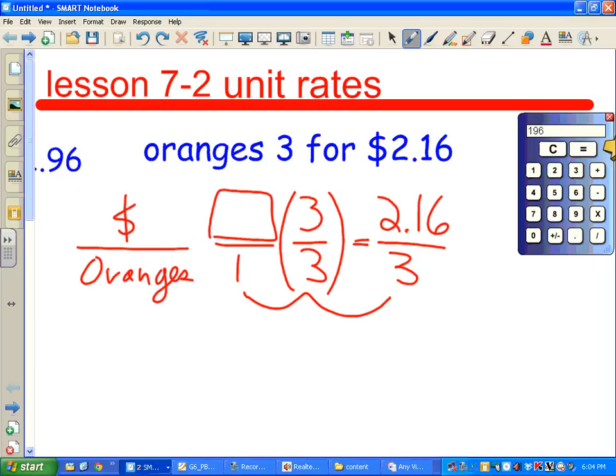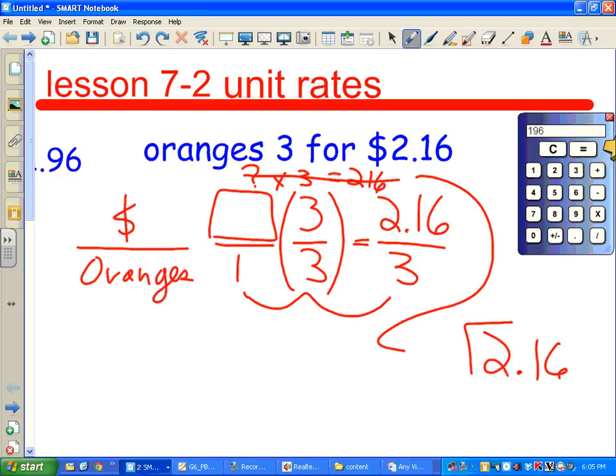Now, I need to solve this. I know that some number times 3 gives me 216. So, in order to solve for that, I need to do $2.16 divided by 3. 3 goes into 21 7 times. I move my decimal point up. I get 21. There's nothing left. So I bring down that 6. It goes into 6 2 times.